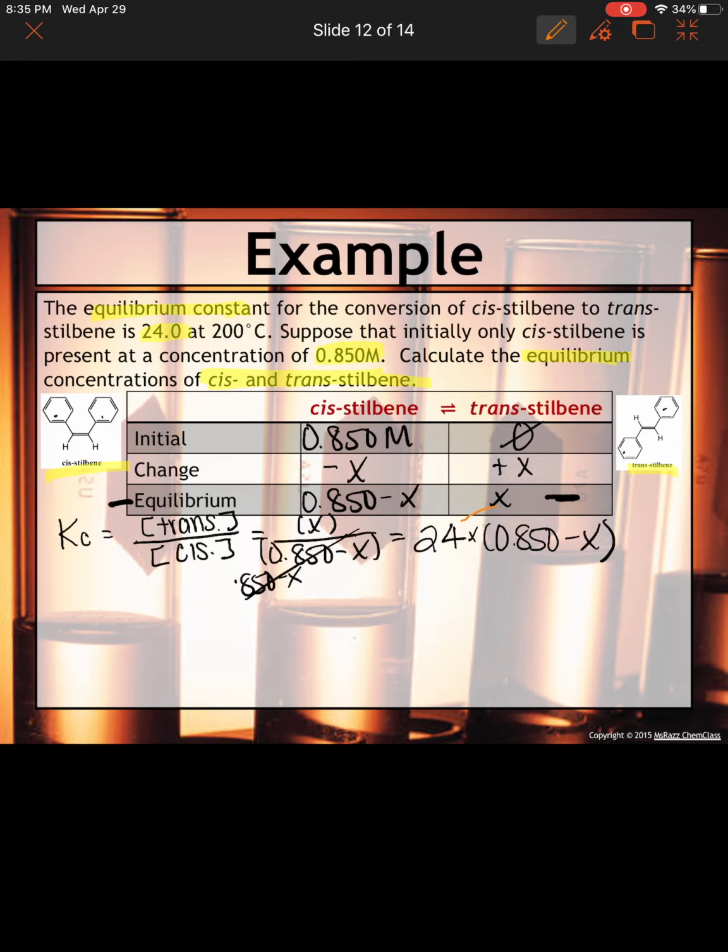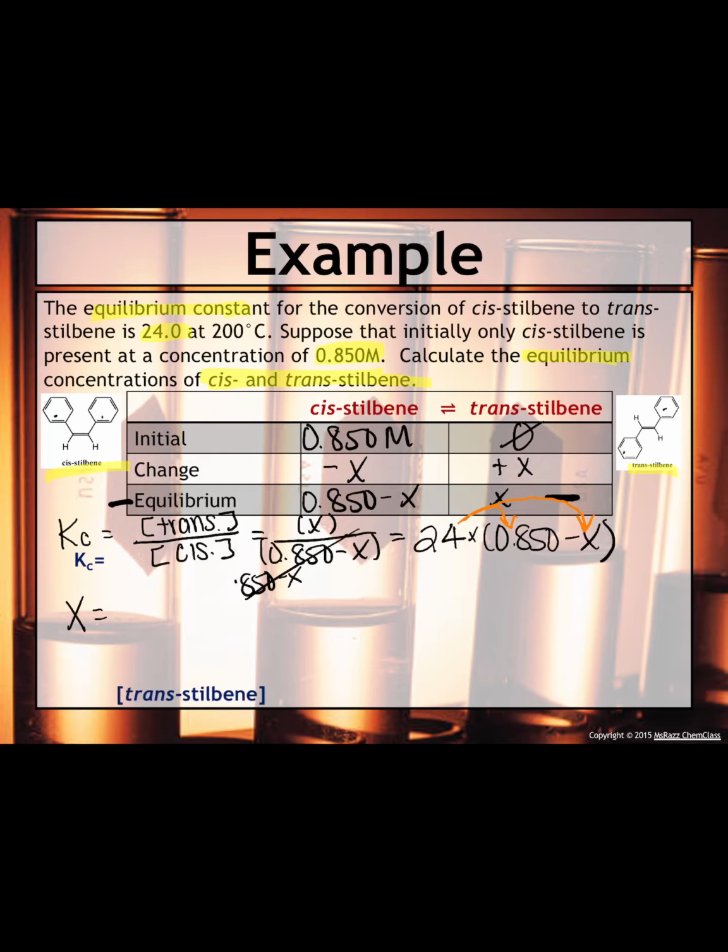Okay, so now my next step is to do some distribution. This 24, I'm going to distribute to these two values there. So when I rewrite it, I'm going to have x is equal to 24 times 0.850, which is 20.4, minus 24x, right?